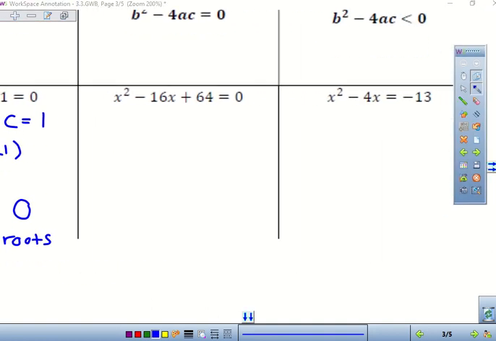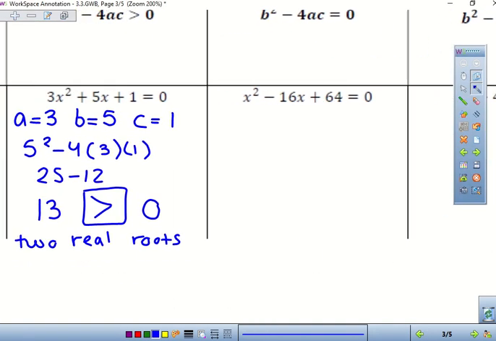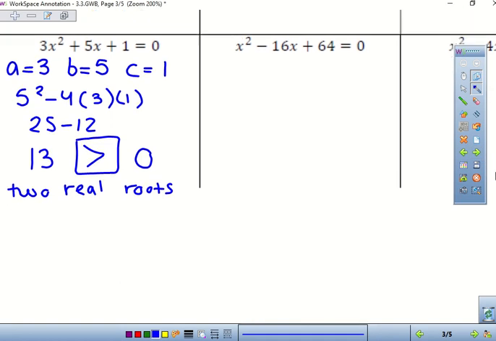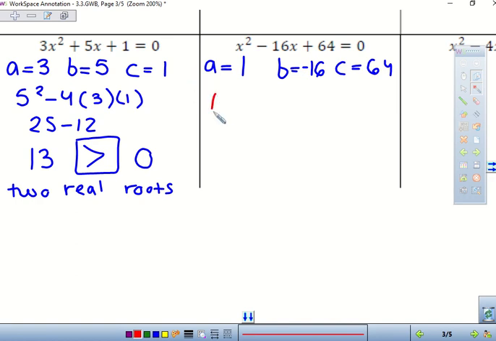Next one. What's step 1 here? Identify A, B, and C. Right. 1, negative 16, and 64. Okay. What is B?